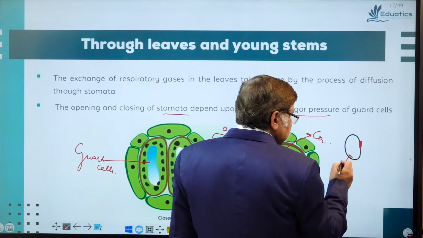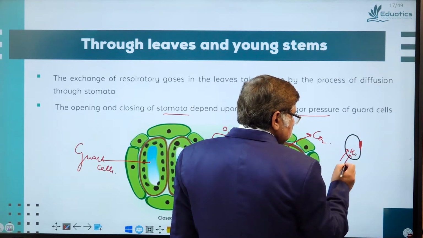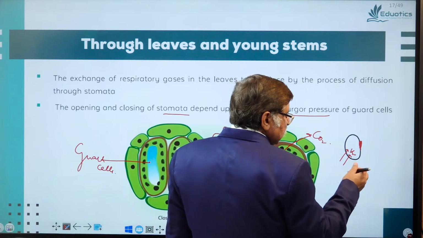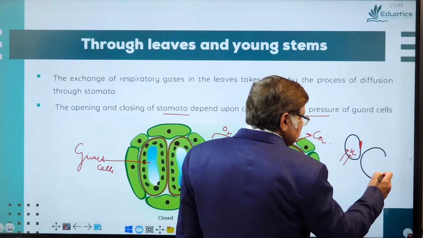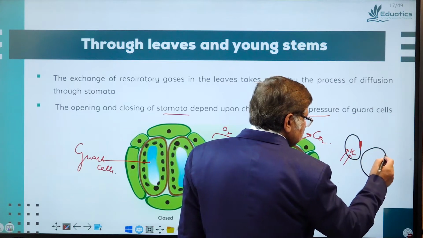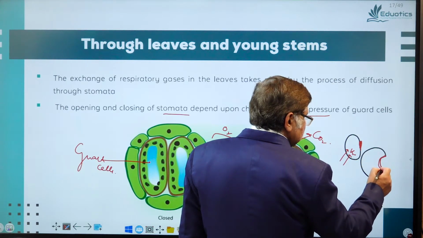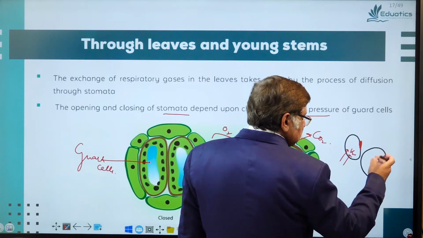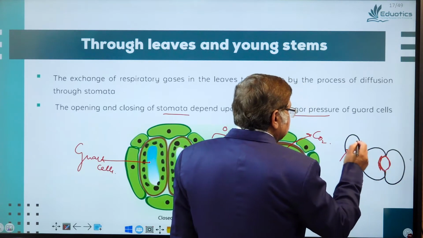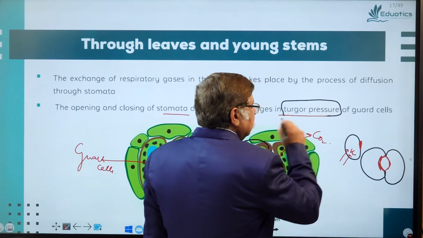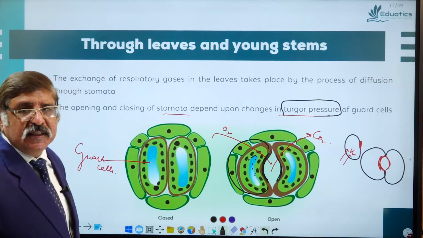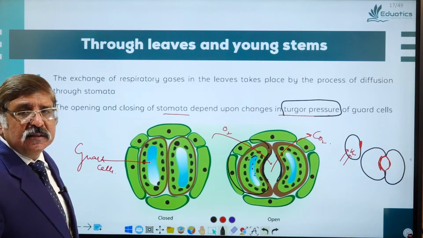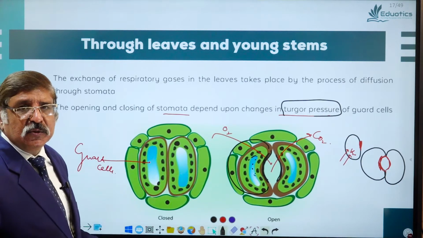Due to entry of water, turgor pressure will increase. As a result, the guard cells will bulge out like this, and the thickened wall will be like this. This is how stomata open. So remember, it is the turgor pressure which is responsible for opening of stomata. When they lose the turgidity, the stomata close.